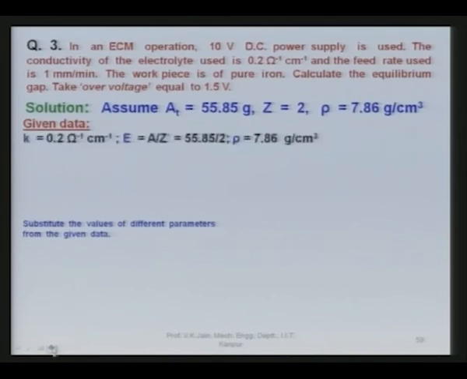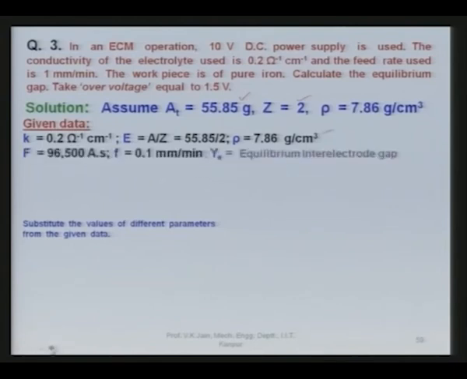The data that are given in the problem are: conductivity is 0.2 per ohm per centimeter. We can calculate the chemical equivalent A by Z from the atomic mass and valency, and density is already given over here.